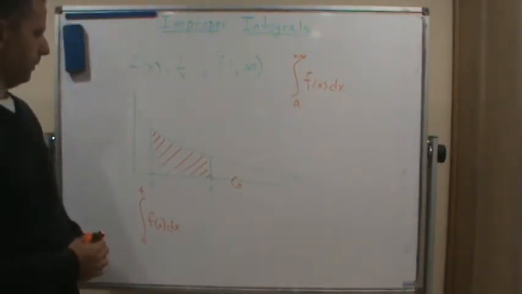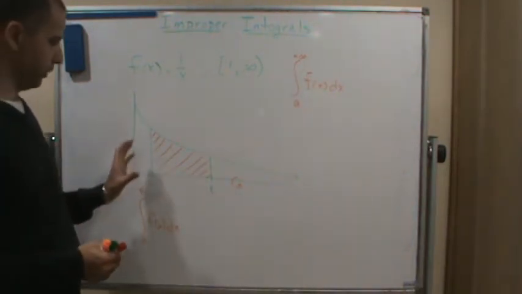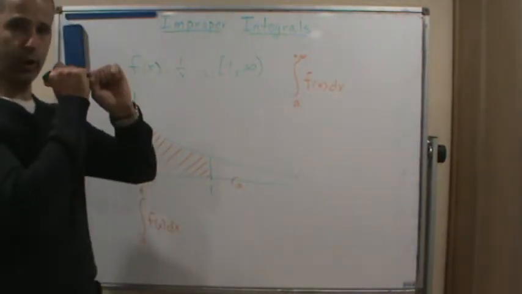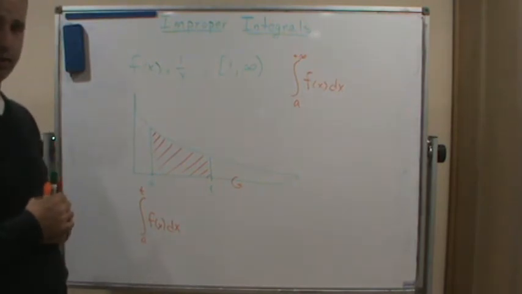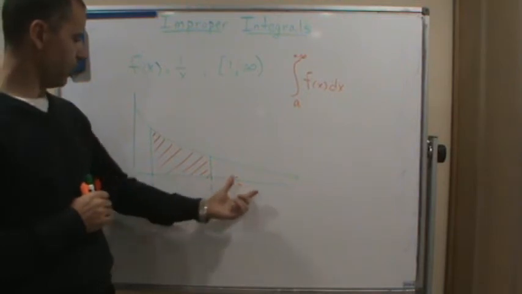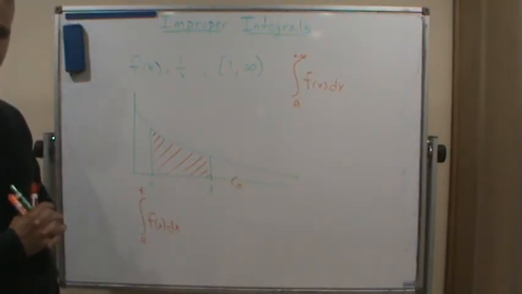Okay? So if you revolve this around, the reason why it's called Gabriel's horn is because you get something that looks like a horn, one of those real long horns that they used to have a long time ago. So this is called Gabriel's horn, and it has a finite volume but an infinite surface area.